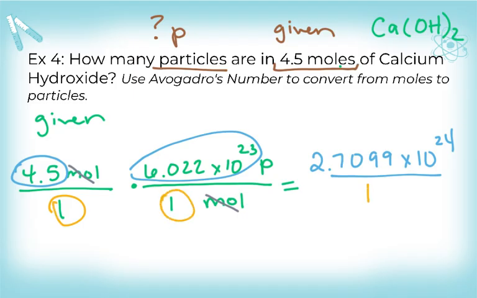In this case, it's 1. And so our answer is going to be 2.7099 times 10 to the 24th divided by 1. And let's round to 2 decimal places. So 2.71. This 9 is going to round that 0 to a 1. But then we still include our times 10 to the 24th. Particles of calcium hydroxide.